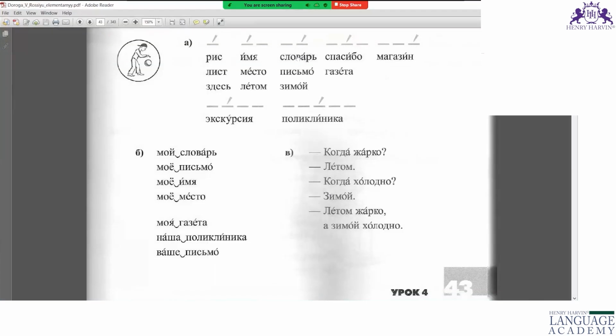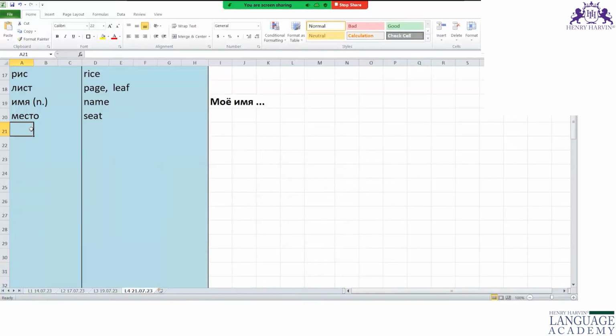Then we have the words словарь, письмо. Словарь is a dictionary, письмо is a letter. Словарь. И письмо. Письмо is a letter. To write, to read. Словарь is a dictionary.